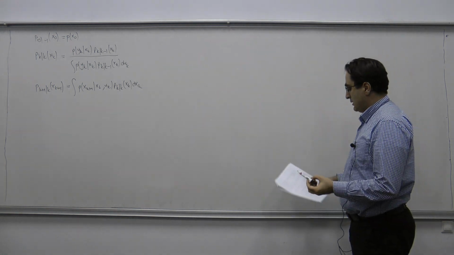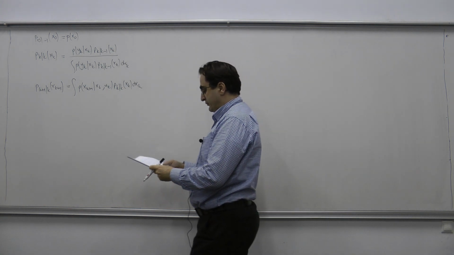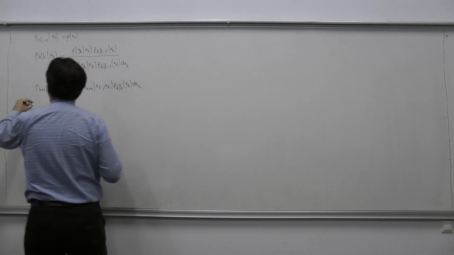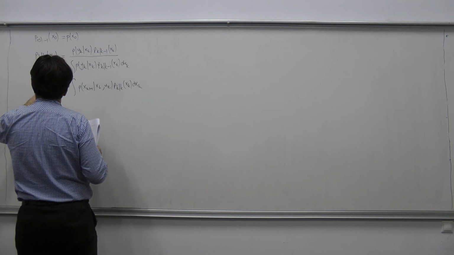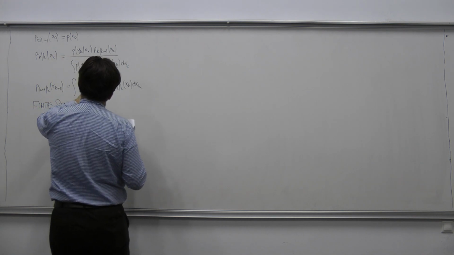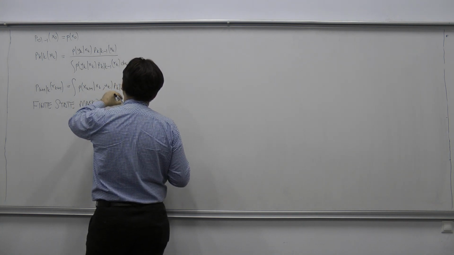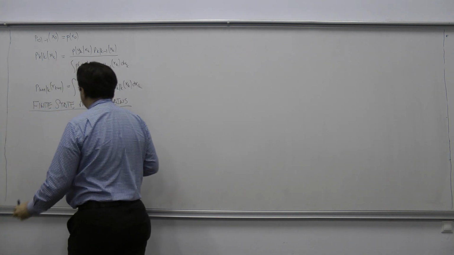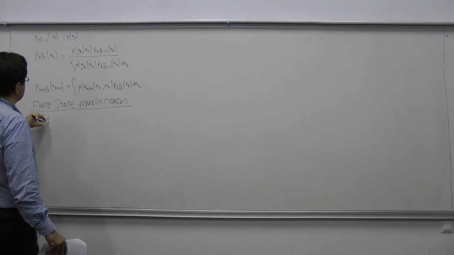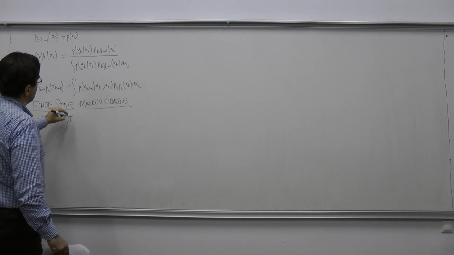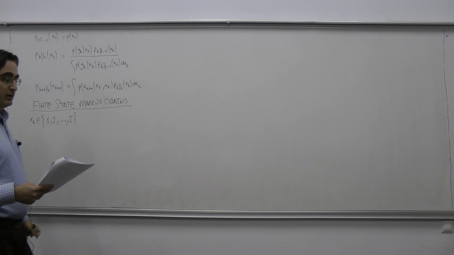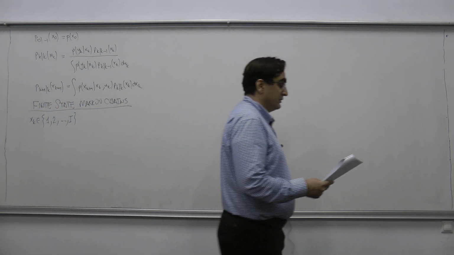So now let us concentrate on the finite state Markov chains. In this case, we know that our state takes finitely many elements. It is 1, 2, going until I, where I is an arbitrary positive integer.